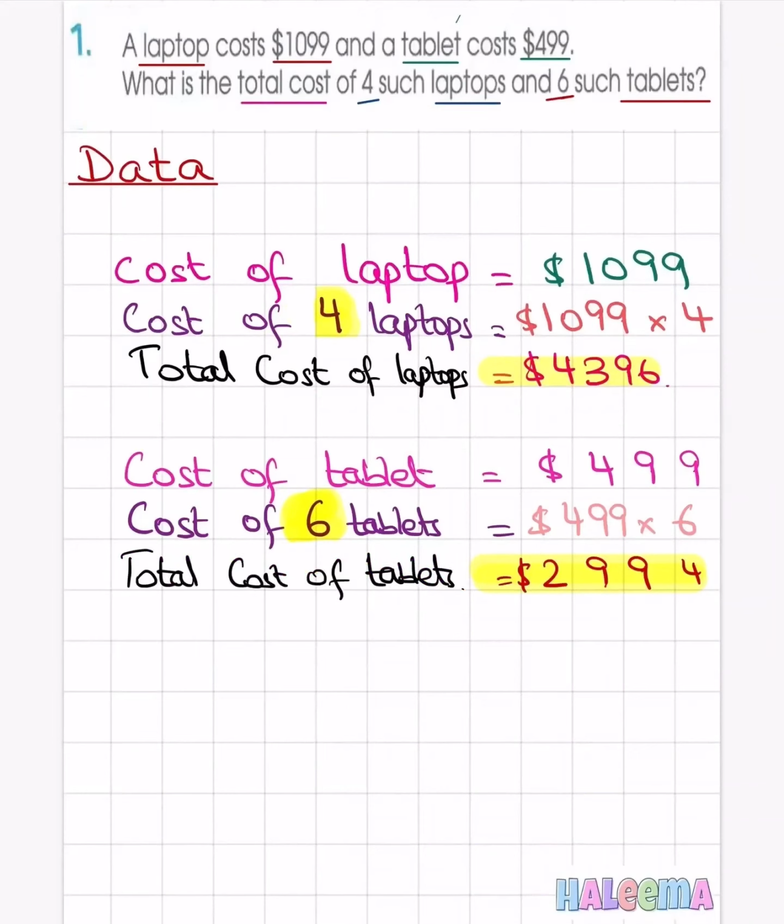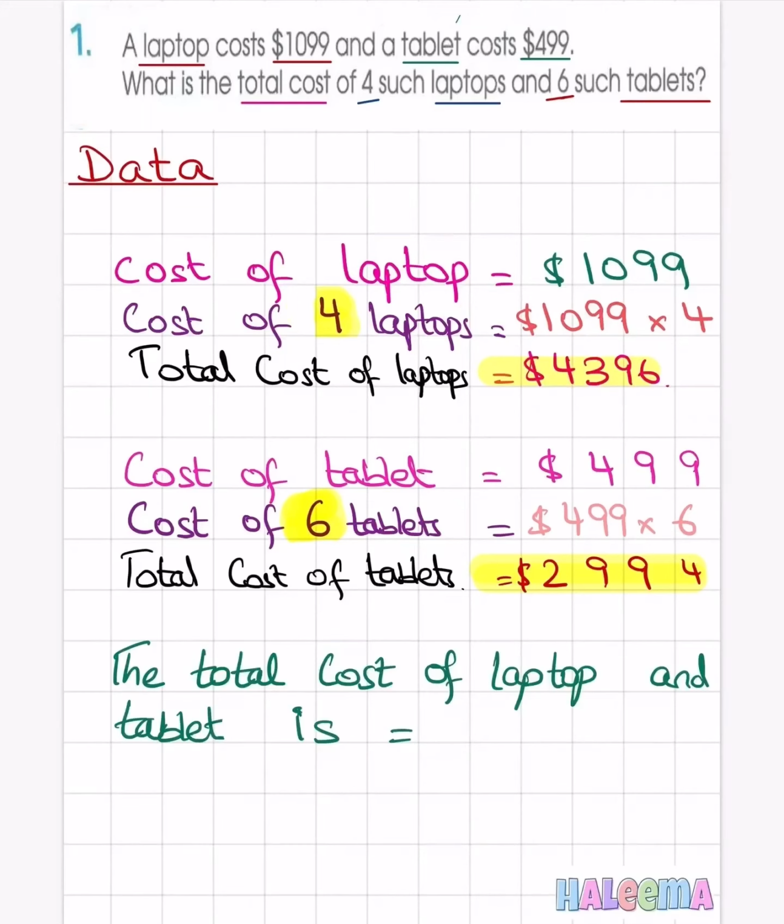Up to now, we were finding the cost of 4 laptops and 6 tablets. Now the question says, what is the total cost of 4 such laptops and 6 tablets, right? We know the total cost of 4 laptops and we know the total cost of 6 tablets. What we're going to do is add them together. Simple. We're going to write the total cost of laptop and tablet, let's do rough working here.